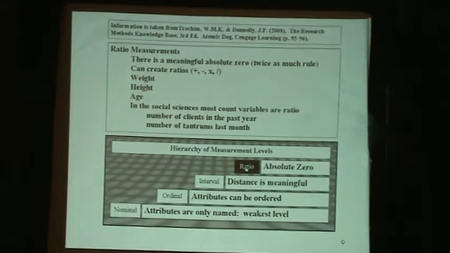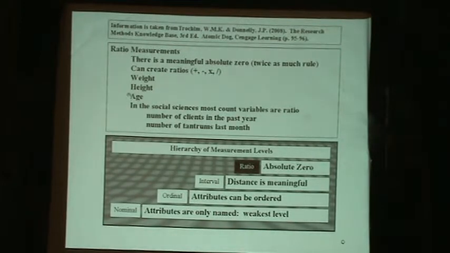But if you can say something is twice as much and that makes sense, then you're dealing with ratio data. If you can say twice as much and it doesn't make any sense, then it's probably interval. Now, with ratio data, since there is an absolute 0 point, we can do addition, subtraction, multiplication, division, all of the inferential statistics, anything.